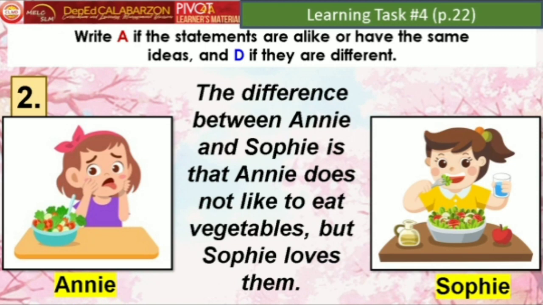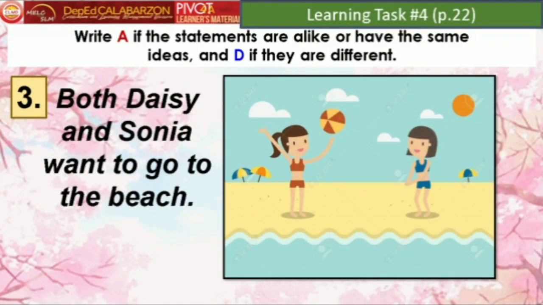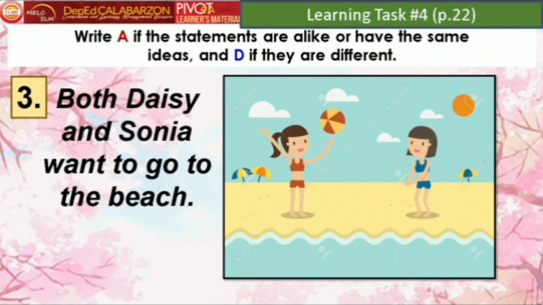Number 2. The difference between Annie and Sophie is that Annie does not like to eat vegetables, but Sophie loves them. Number 3. Both Daisy and Sonia want to go to the beach.